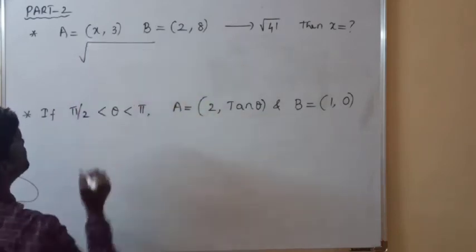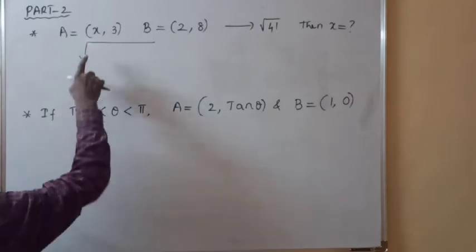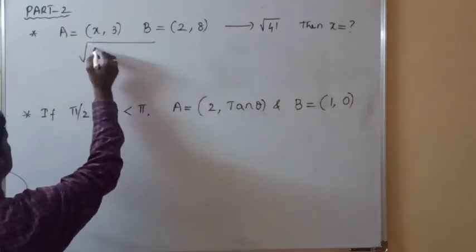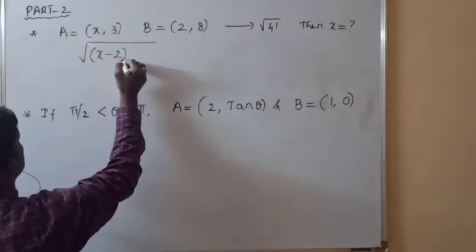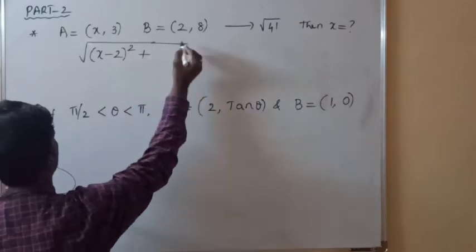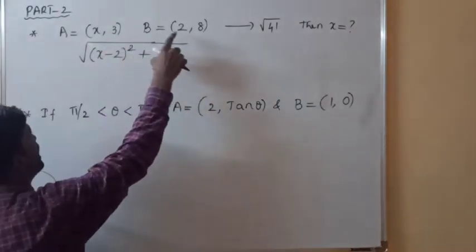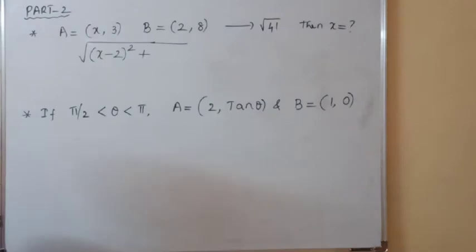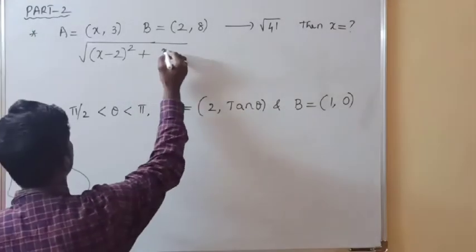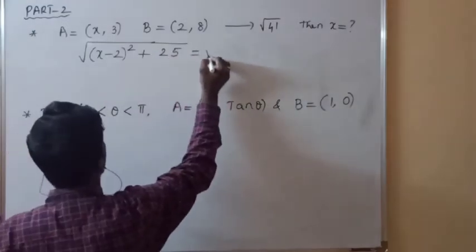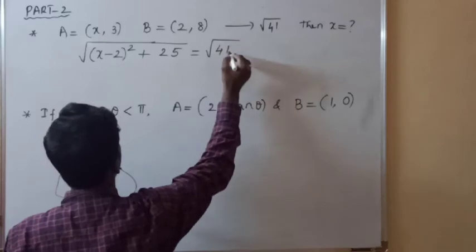Square root of (x2 minus x1) whole square, that is (x minus 2) whole square, plus (y2 minus y1) whole square, that is (3 minus 8) whole square. 3 minus 8 is how much? Minus 5. Minus 5 whole square, 25. Is equal to, according to the question, root 41.